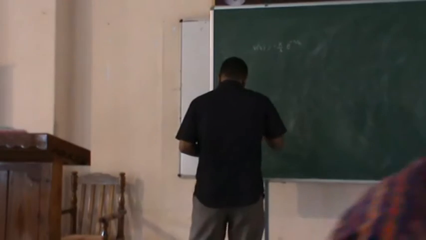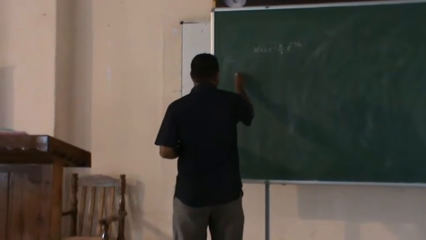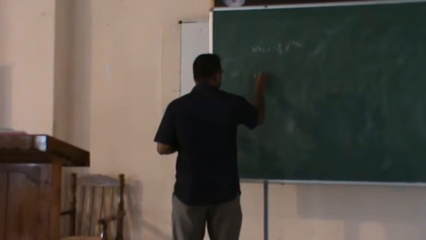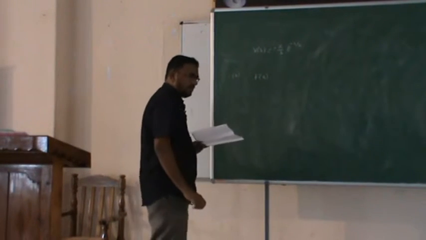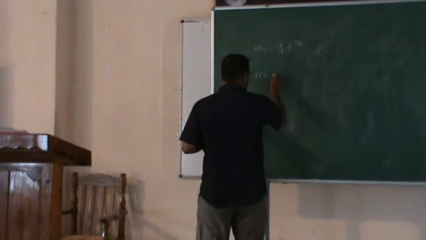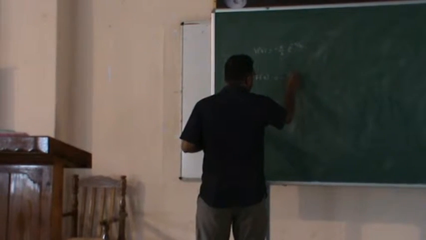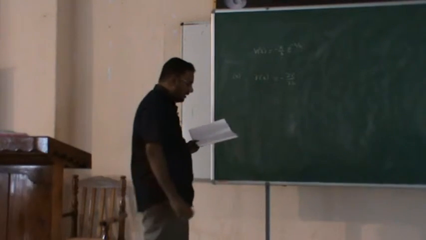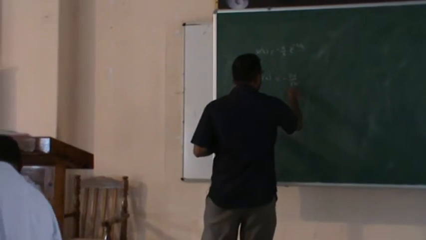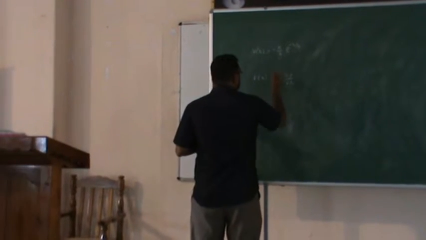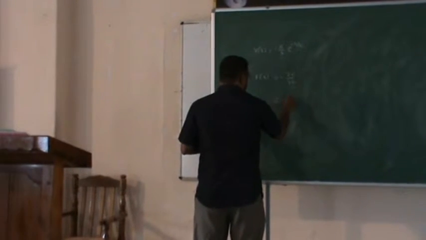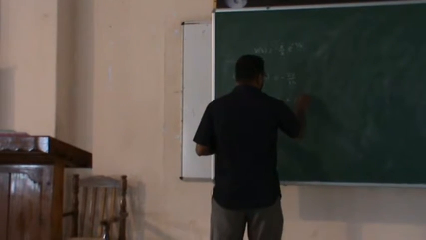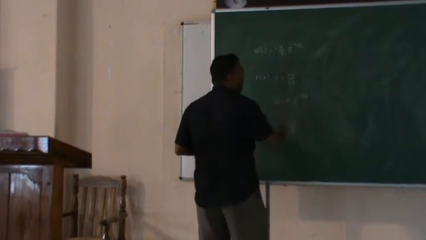First, we are supposed to find the law of force, that is, the force corresponding to this potential. You can get this by the formula F = -∂V/∂r. If you substitute and take the derivative, you will get -k e^(-r/a), because you have to use the product rule.